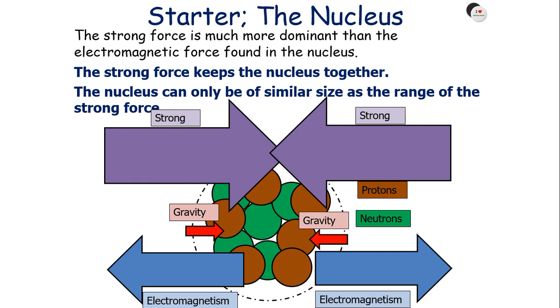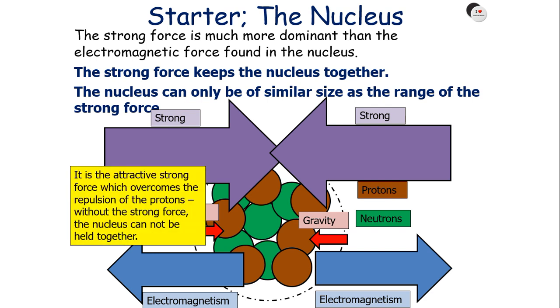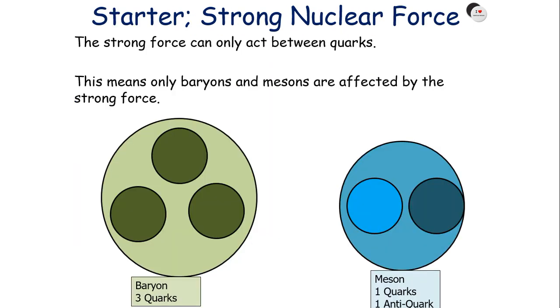The strong force, as the name suggests, is much more dominant than the electromagnetic force found in the nucleus. So there's a very dominant force keeping the nucleus together. There's a small force trying to repel it out in comparison, so a nucleus will form in the atom. If the attractive strong force overcomes the repulsion of the protons, that will hold it together, because without the strong force, the nucleus cannot be held together.